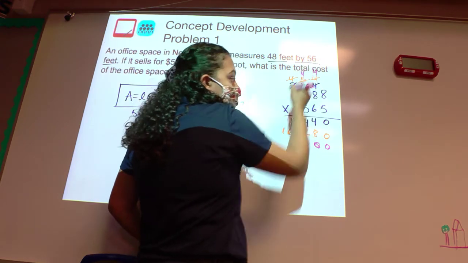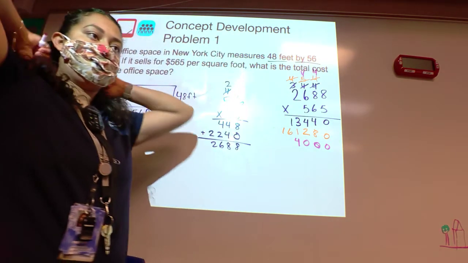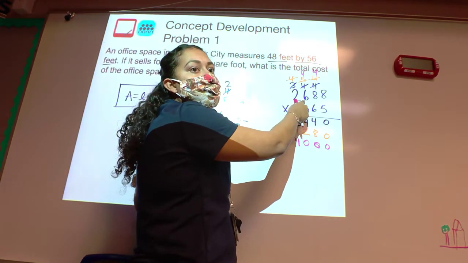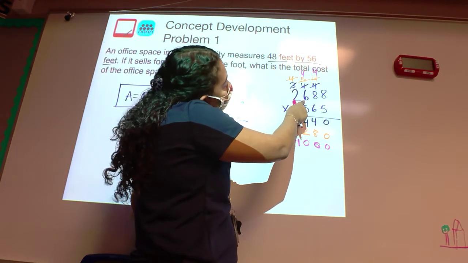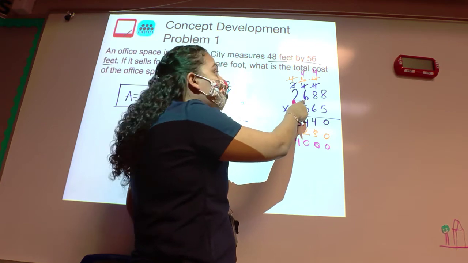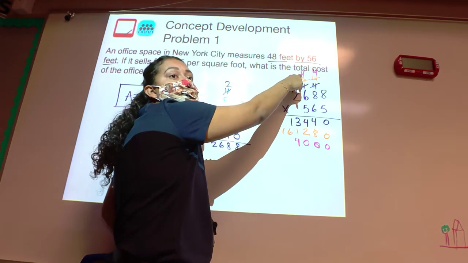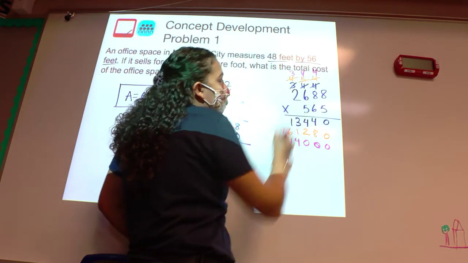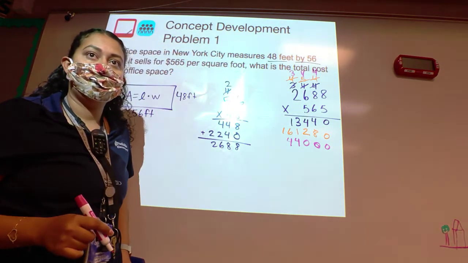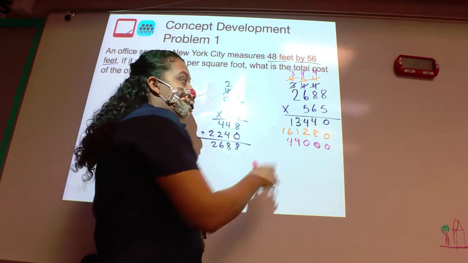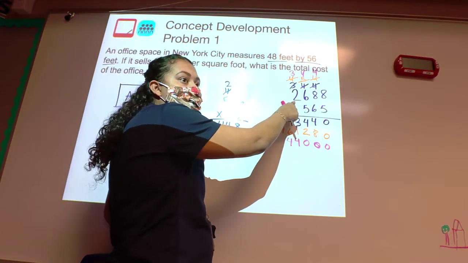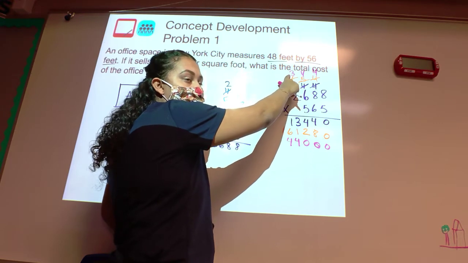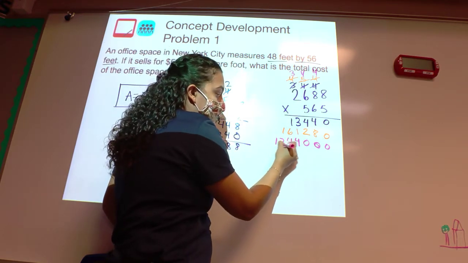Carry the 4. 5 times 6. 30. 30 plus 4. 34. So 4 here. Carry the 3. 5 times 2. 10 plus 3. 13. Right here.